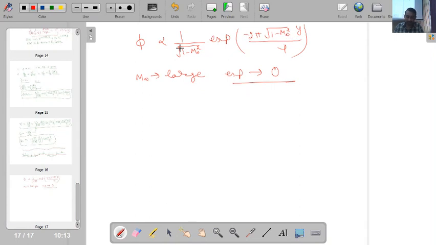Is this point clear? So this will make the value of phi 0.